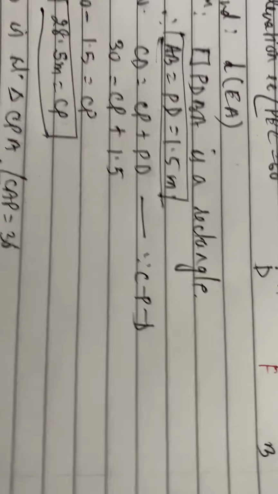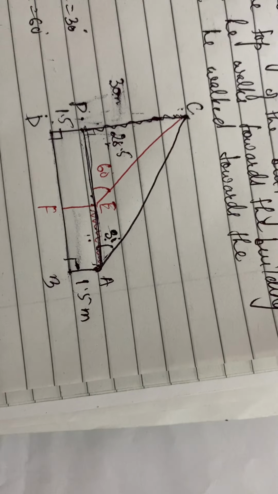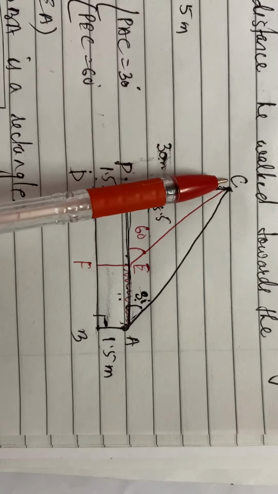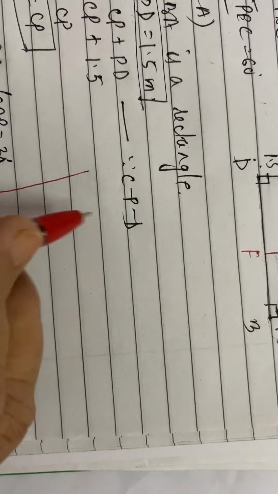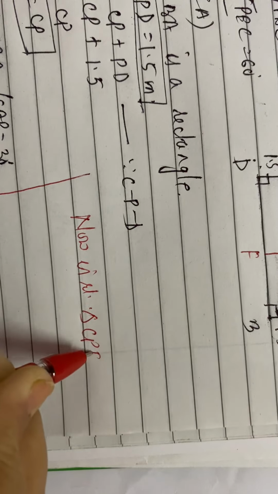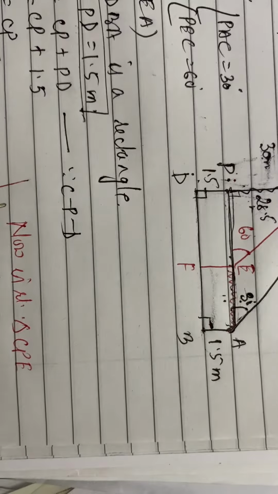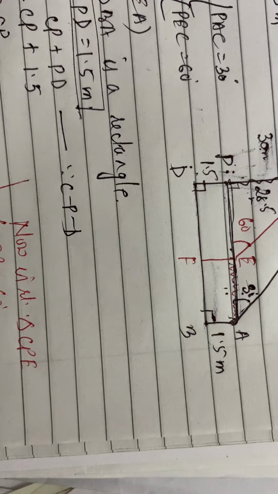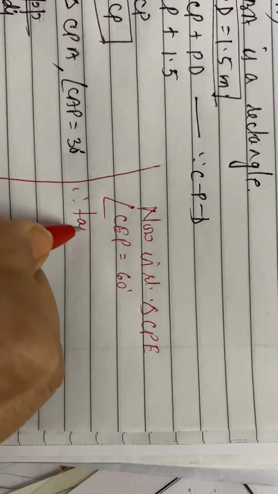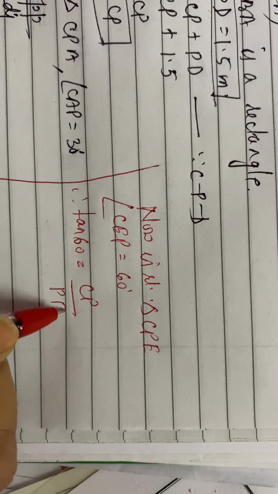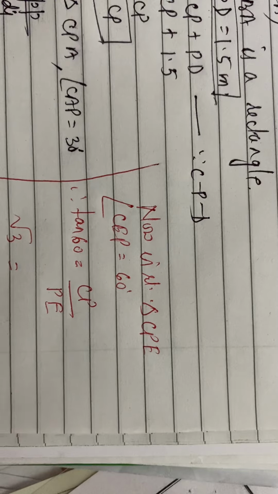Now come to the second triangle. Which is the second triangle? The smaller one, CPE. So now in right triangle CPE, angle CEP is 60. Therefore tan 60, again we go for the tan ratio. Tan 60 will be equal to CP upon PE. Tan 60 means root 3.